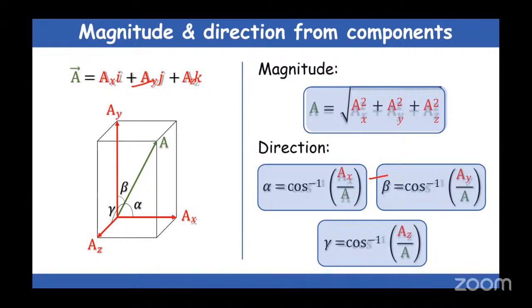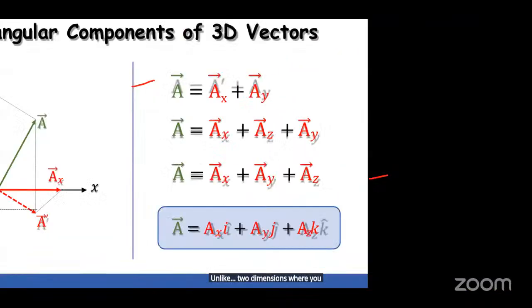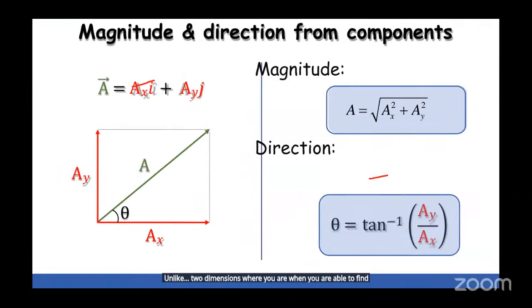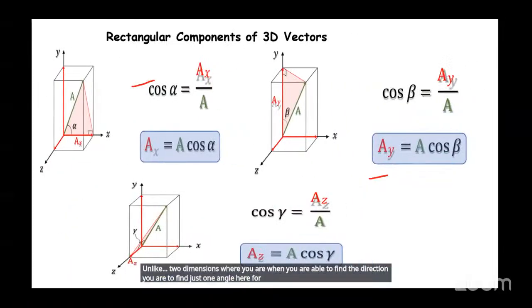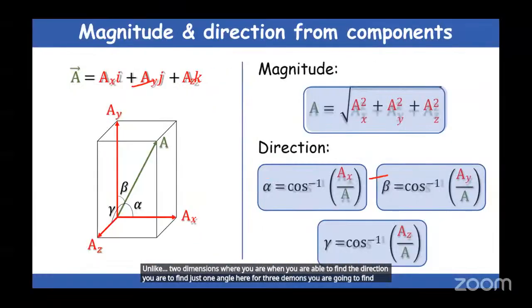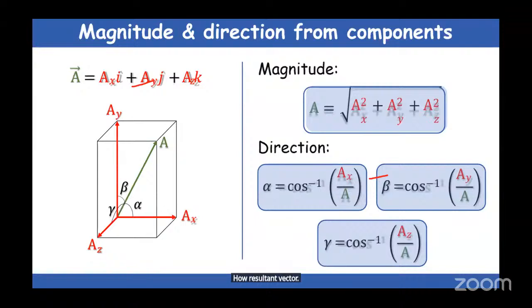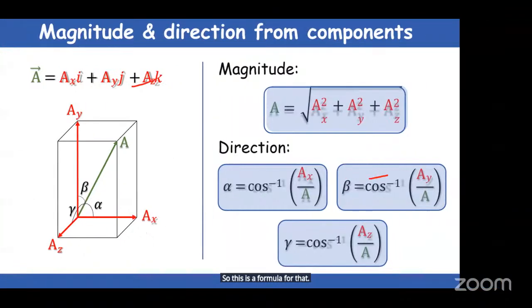Unlike two dimensions, where when you are asked to find the direction you find just one angle, for 3D you are going to find each angle the component vector makes with the magnitude or resultant vector. So this is the formula for that.